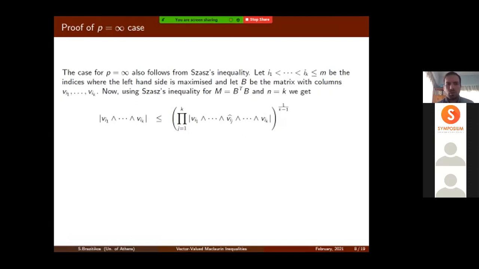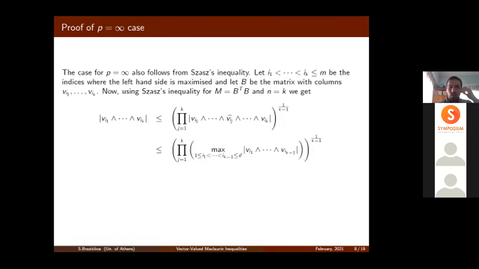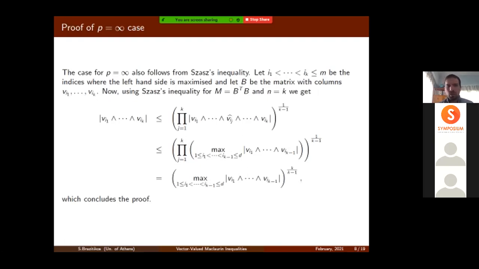And now these are k-1 fold wedge products, and we just bound them by the maximum, each term of the product. And this is enough because this becomes the maximum of k-1 fold wedge products to the power k, because we have just k terms here.